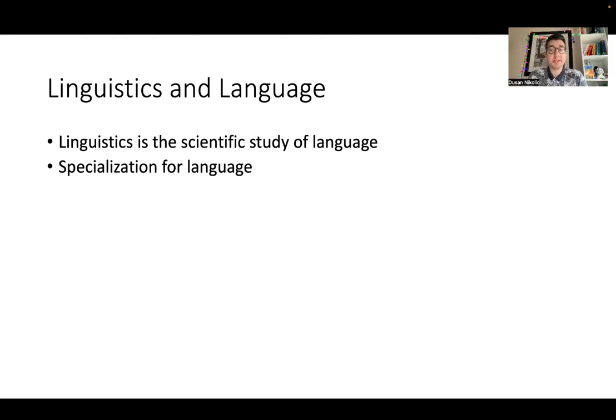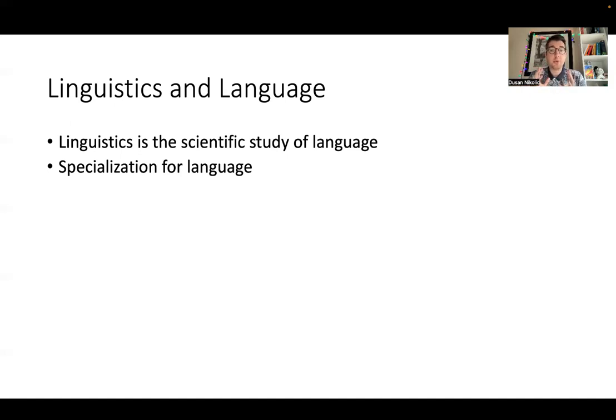Specialization for language means that we come to this world equipped with certain organs and certain parameters that we can use to speak and to produce, to perceive language. For example, we have language capacity in our brain.